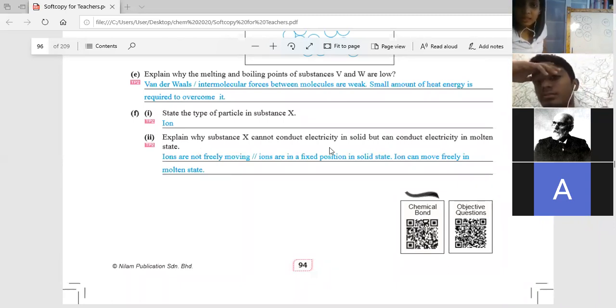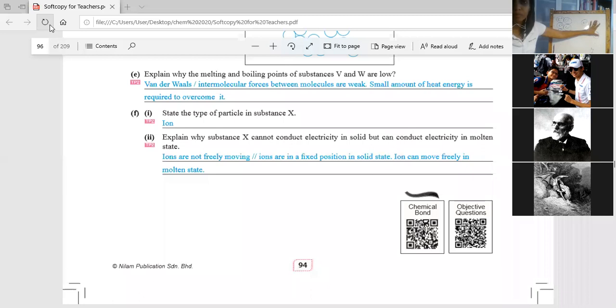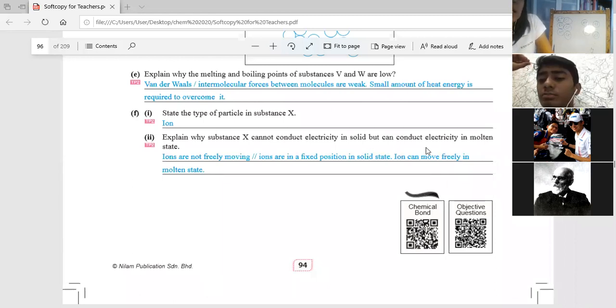Because I heated it up, I have gaps, space, so they can move freely. Here in my solid, they are in a fixed position. So ions are not freely moving, or you can say ions are in a fixed position in a solid state, but ions can move freely in a molten state.